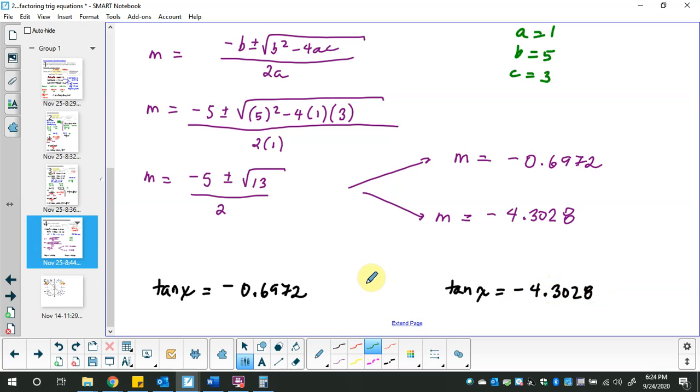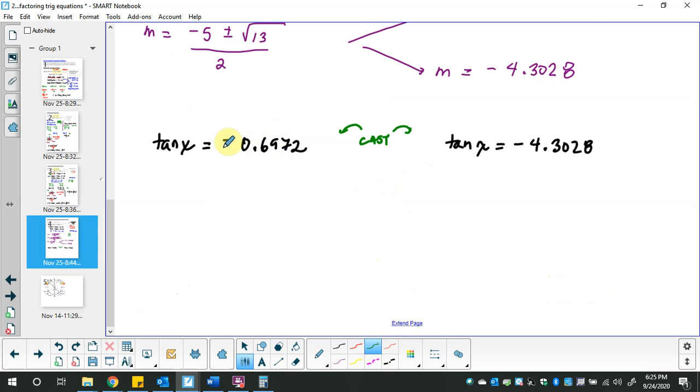And both of these are not pretty numbers, so they're both the CAST rule. I recommend that even though both of them are negative, that you draw yourself a CAST rule per question. So I'm going to do a CAST rule here, and I'm going to draw another one eventually to fill in here. I'm not going to do it quite yet. I can only handle doing one thing at a time.